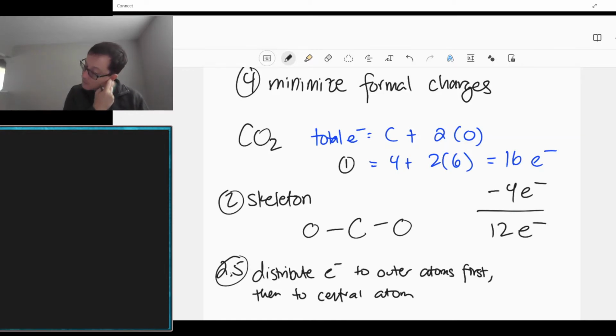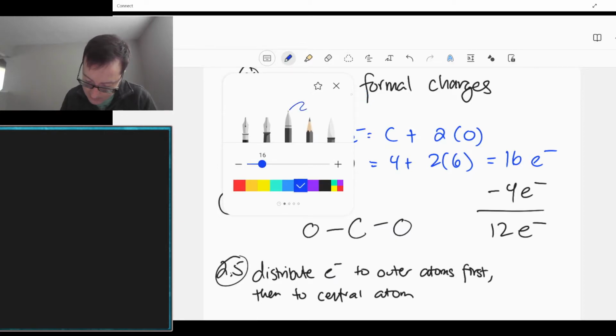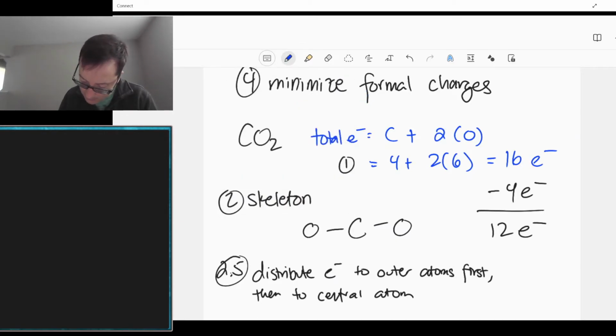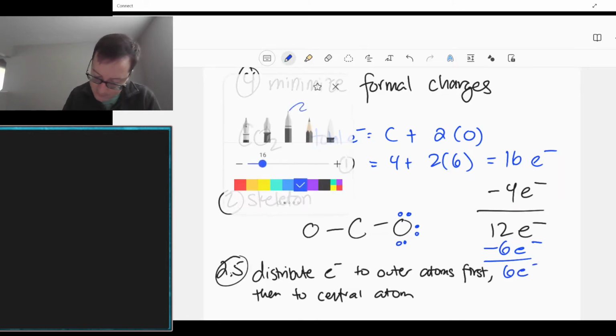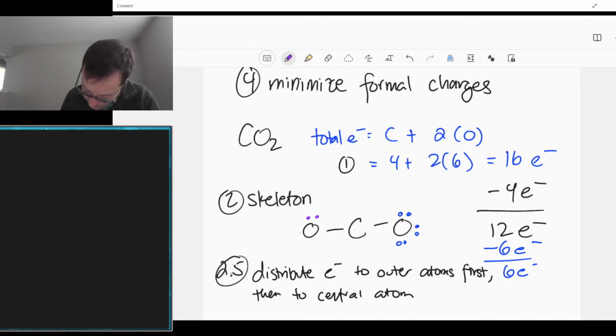So we have 12 electrons. We want to make sure that everything has a total of 8, right? So we're going to start with the outer atoms. So here we go. This oxygen needs 6 more to be happy. So that's 6 electrons. We've got 6 left. And this oxygen will also take 6 to be happy.